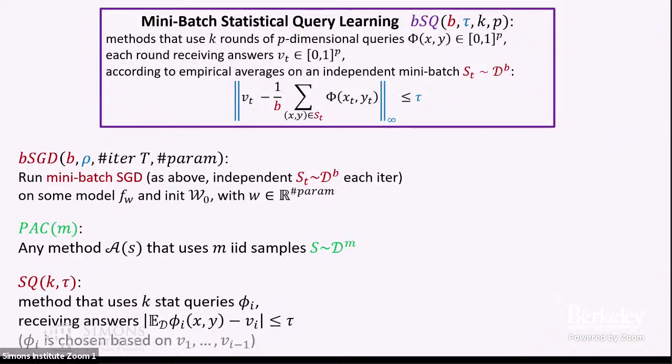The significance is that all these P queries get answered based on the same mini-batch. This is important. In the standard SQ model, you can just ask each query separately; you don't gain anything by asking a bunch of queries together. In fact, you only lose. Here, it is important that we're going to answer these vector queries all on the same mini-batch.